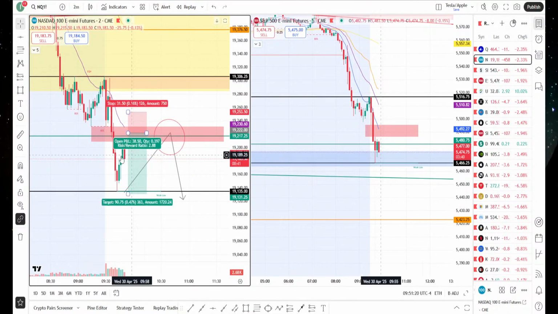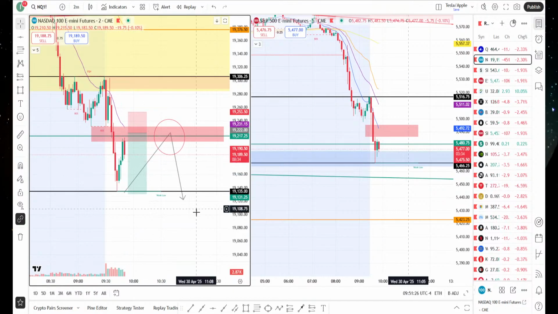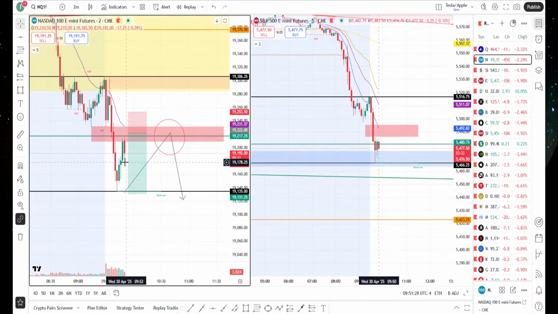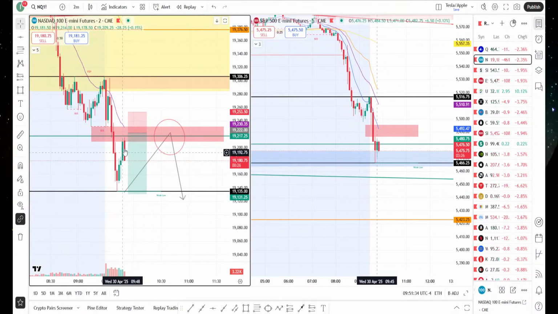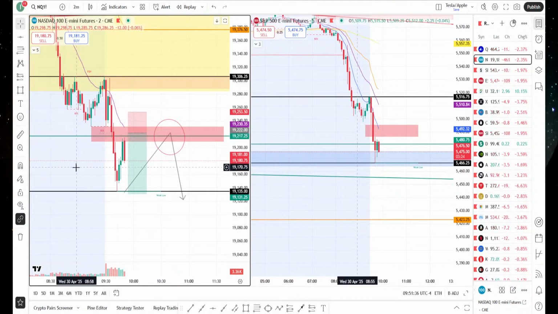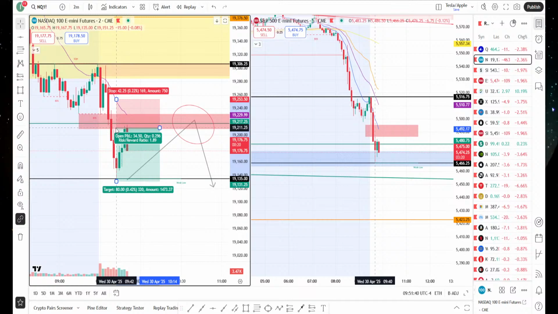I'm not sure this short might work. We'll have to wait for this candle to close first. If we close below this green one, then we might push a little bit lower and then back up. So see what I'm talking about? Sometimes it's better to just take the entry inside the zone and do your stop.